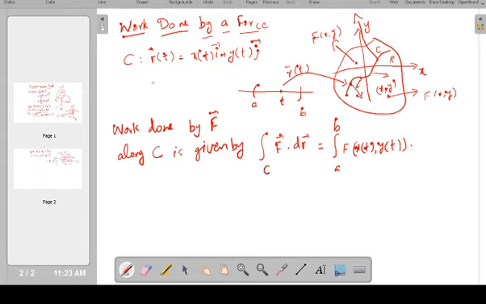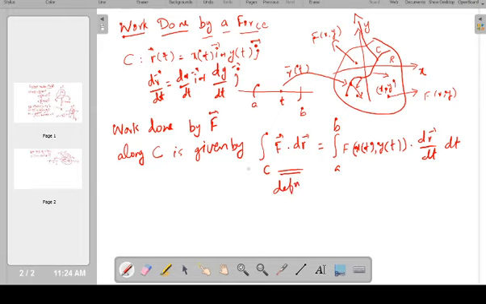Dr by dt is dx by dt vector i plus dy by dt vector j. So dr can be written as dr by dt dt, like this. So this is how we evaluate. This is the definition for work done, and this is how we evaluate.